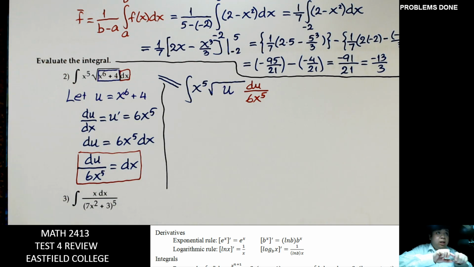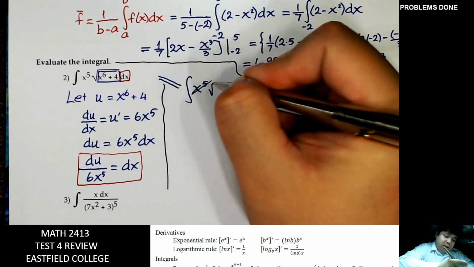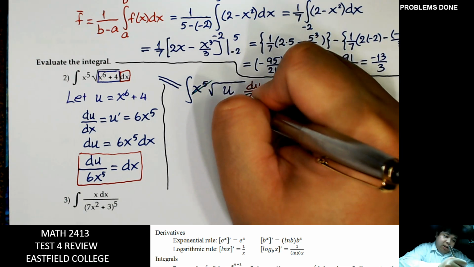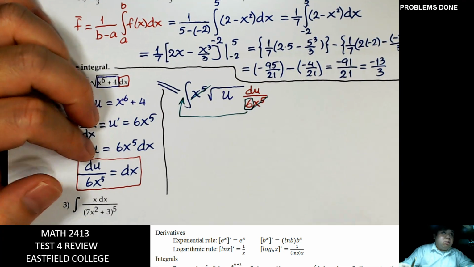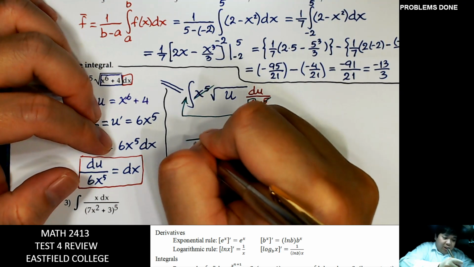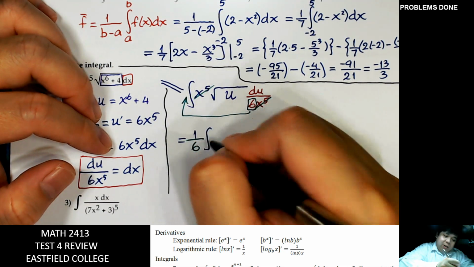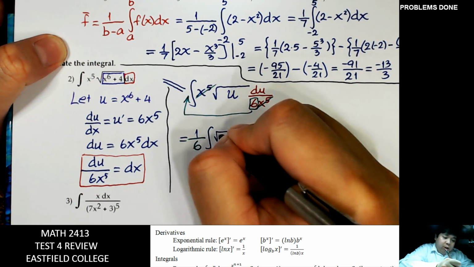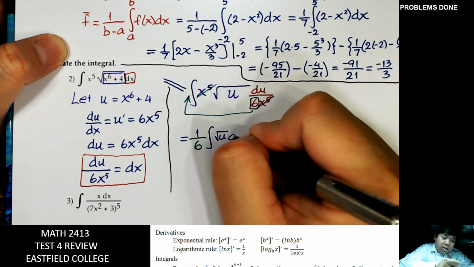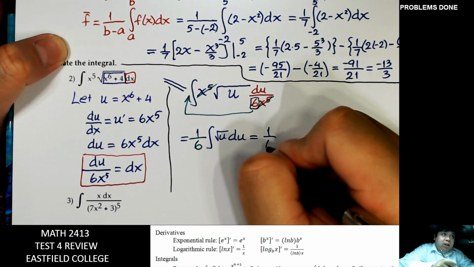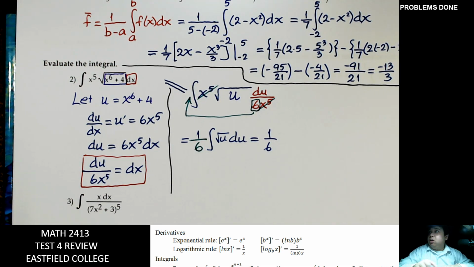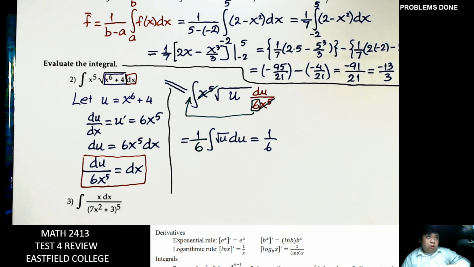Right. Now we see that x to the 5th cancels out. And we'll take the 6 outside, but still below, in the denominator. Right. And now we just have square root of u. Everything cancels at the bottom, so just du like that, and 1 over 6.